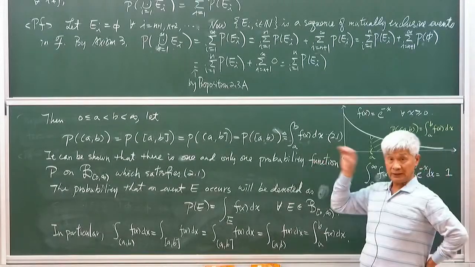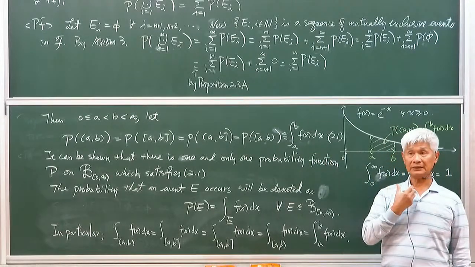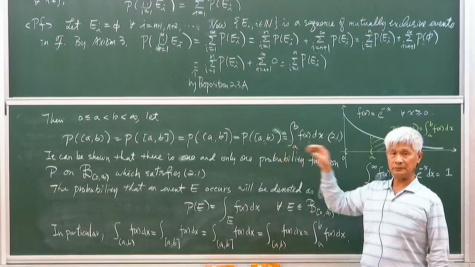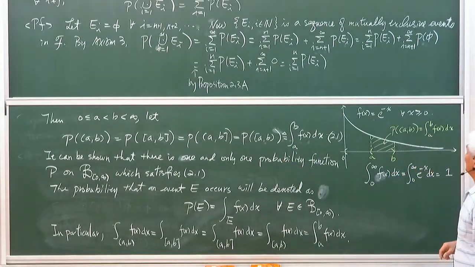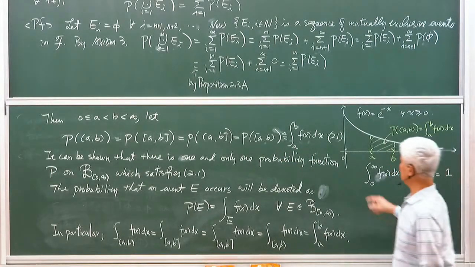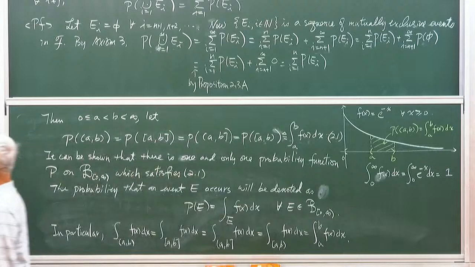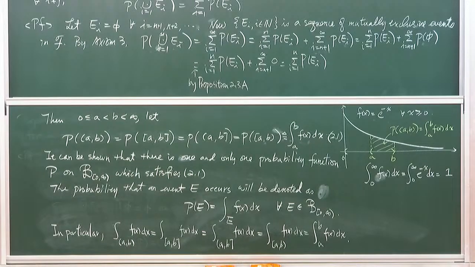So this is the probability assignment we would like to have. And then later on, you will see that f of x is actually called the probability density function, the probability density function that we select.